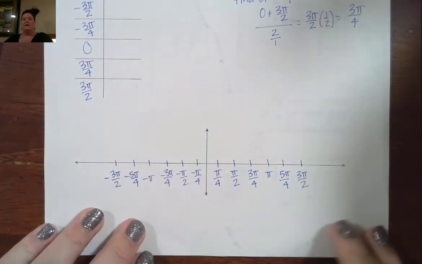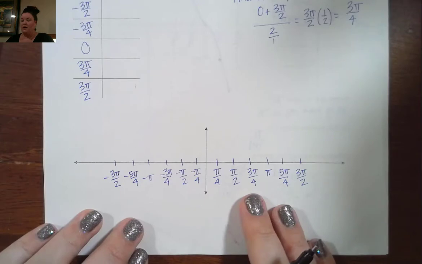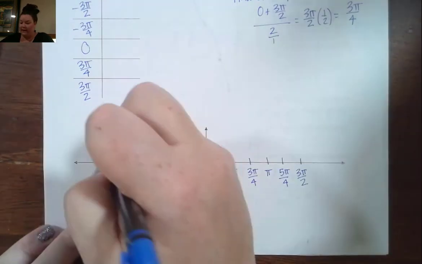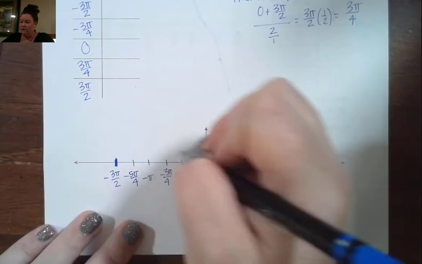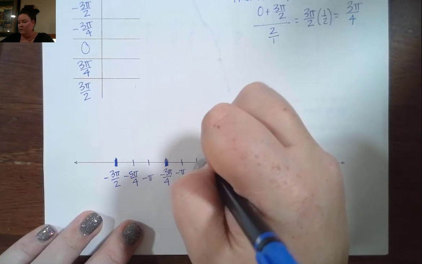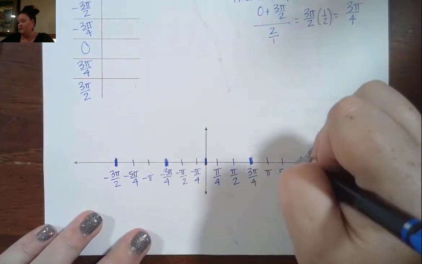Okay, so I counted by pi's over 4 so that my graph is nice and easy to label, but I only need the 5 points that I have written up here. So I have my negative 3 pi over 2, my negative 3 pi over 4, I have 0, I have 3 pi over 4, and I have 3 pi over 2.